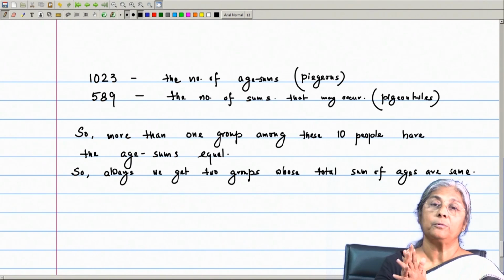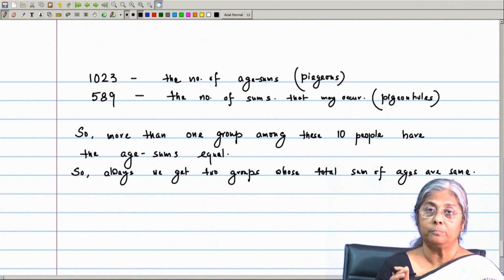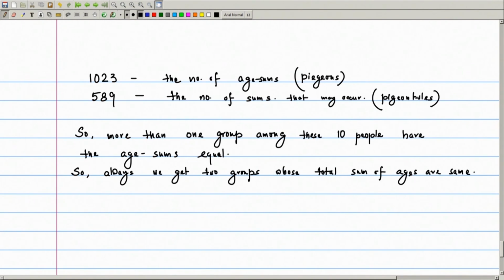This is a different type of problem, and we can apply the pigeonhole principle and prove the statement.